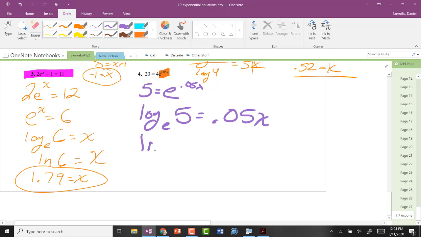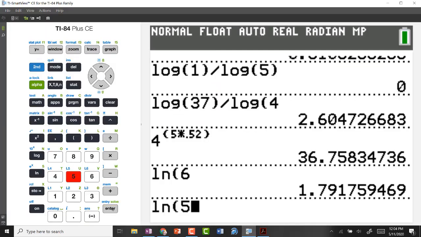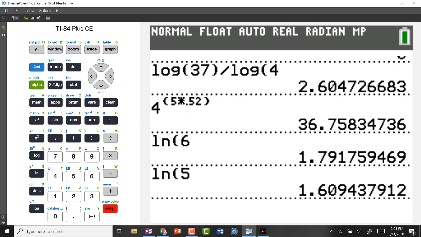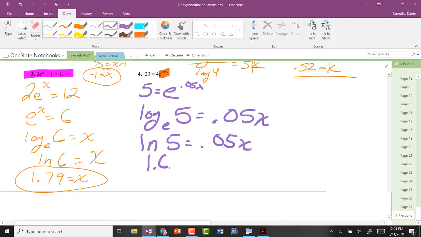Log base e is the natural log. Natural log of 5 is 1.61. And divide by 0.05. So 1.61 divided by 0.05, there we go. So I get 32.2.